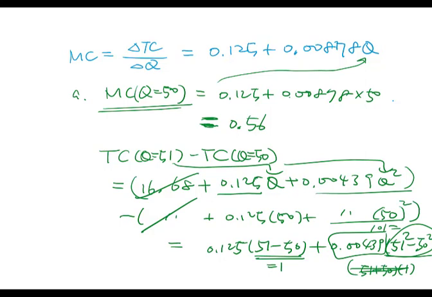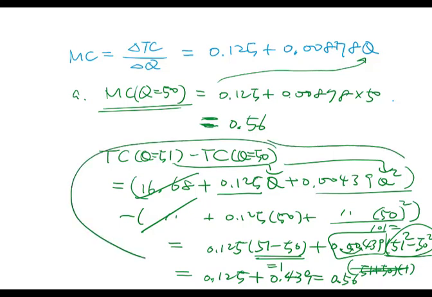Multiply this by 101, and basically you are moving the decimal point two places. So the first term is close to 0.125. The second term is very close to 0.439. When you add up these two, you also find that the incremental cost is very close to 56 cents.